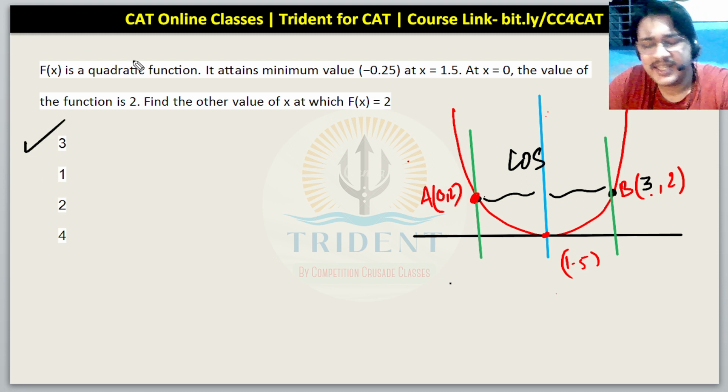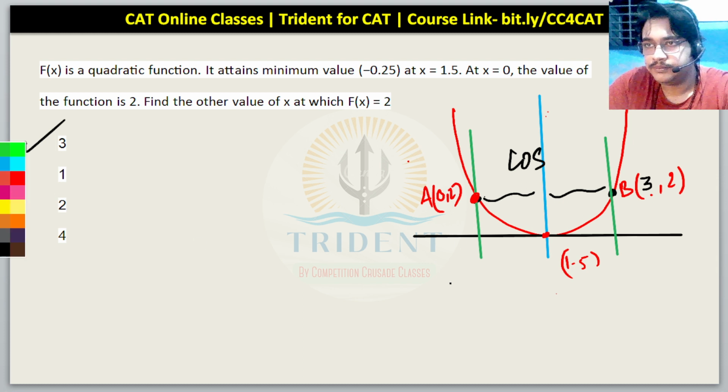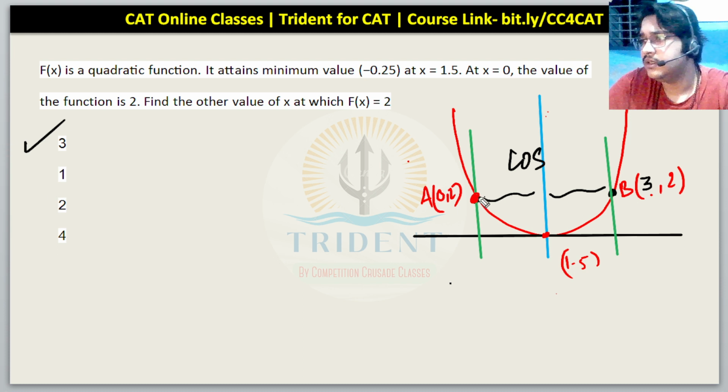Now, this was very easy if you do it graphically. If you try to do this question traditionally, then there are a few pitfalls. For example, you will have to assume some values. Let's say I give it a shot.